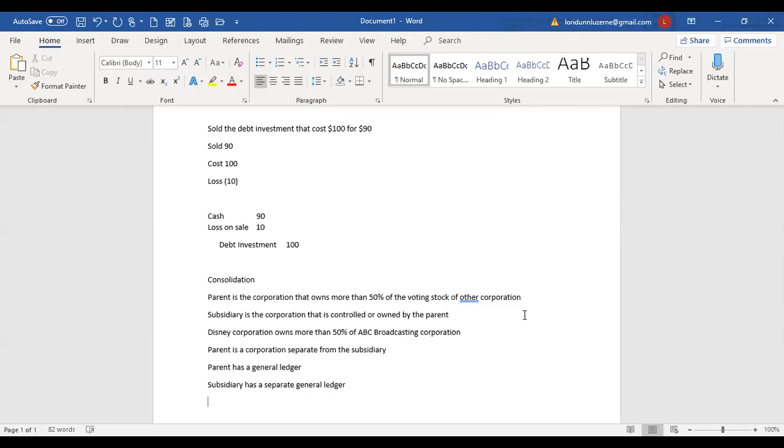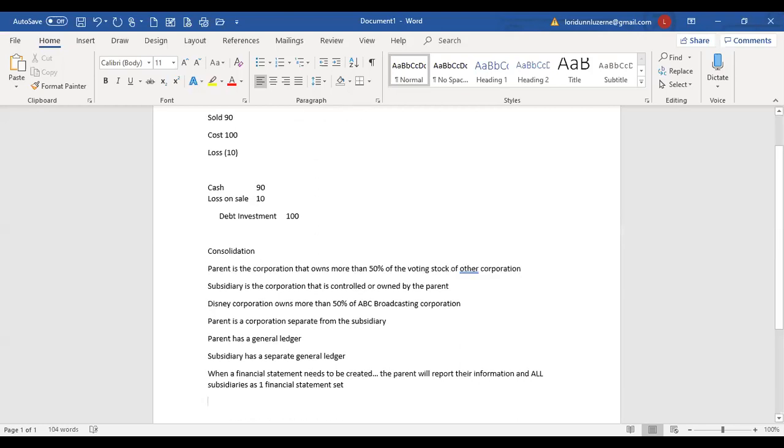The rules say this: when a financial statement needs to be created, the parent will report their information and all subsidiaries as one financial statement set.